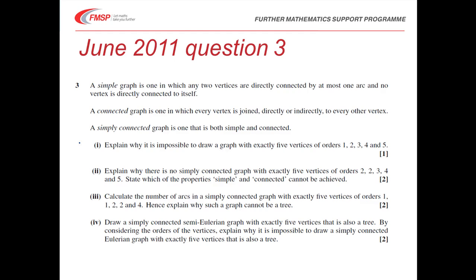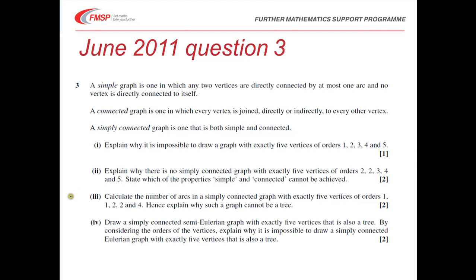So we've got to first of all explain why it's impossible to draw a graph with exactly 5 vertices of order 1, 2, 3, 4 and 5. In part 2, explain why there is no simply connected graph with exactly 5 vertices of order 2, 2, 3, 4 and 5, and state which of the properties simple or connected cannot be achieved.